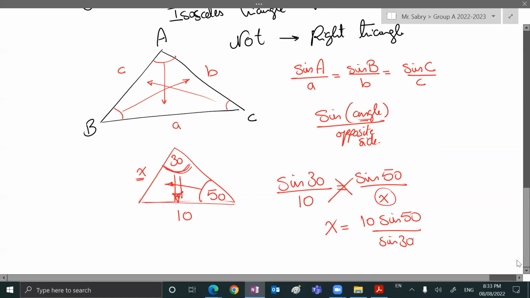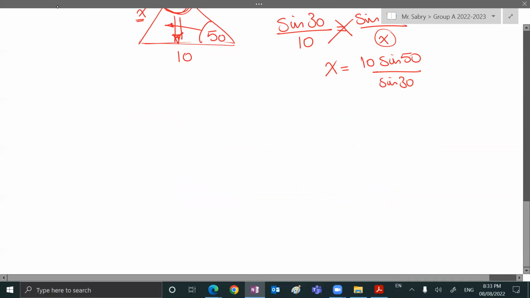Awesome. So what is then the law of cosines? Again, the law of cosines only applies when it's not a right triangle. So what does the rule say?